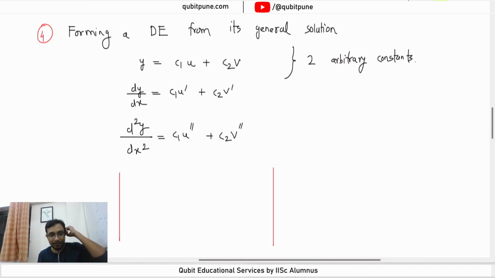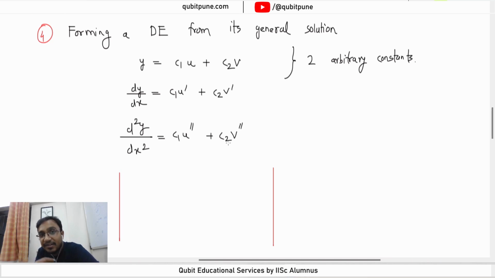Okay. See, what I'm saying is, ignore y, dy by dx, u prime, u double prime, and v prime, v double prime. Look at these equations from the C1, C2 point of view. Now, if I had asked you to solve these equations for C1 and C2, is it correct to say that only two equations are sufficient?